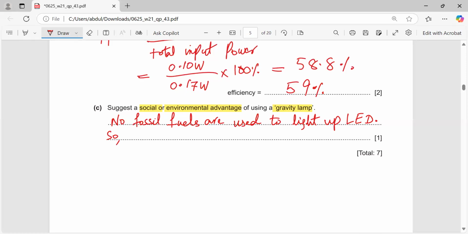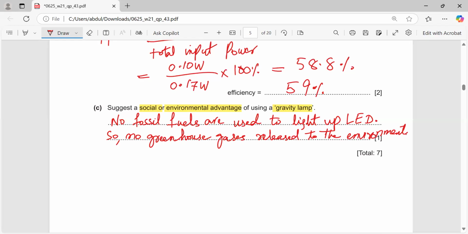So, no greenhouse gases are released to the atmosphere, to the environment even. So in this way, this is having a good advantage.